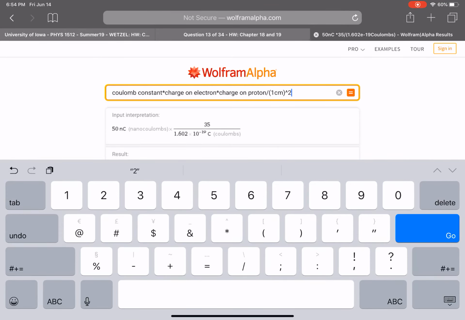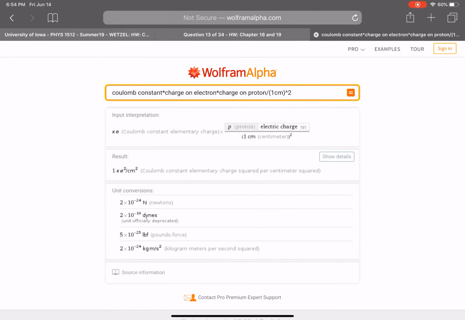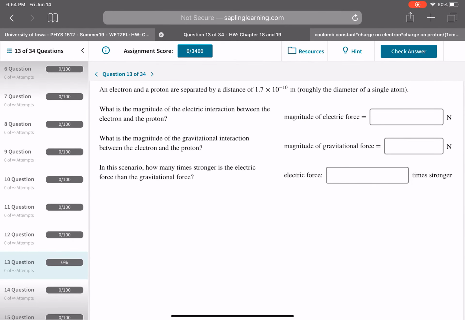And if I type all that in, that's k Q1 Q2 over r squared. Then I get this 2 times 10 to the minus 24 newtons. Obviously, I made up the distance. You'd have to put in 1.7 E minus 10 meters there, but that would give you the force in newtons.